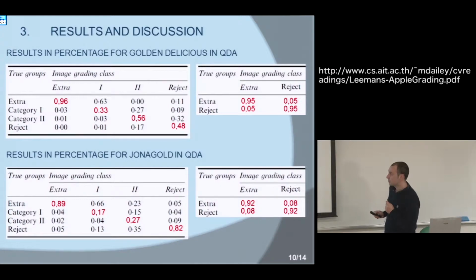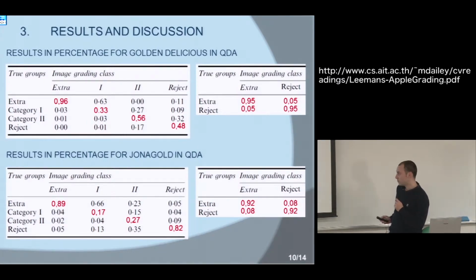This number means the percentage. So we have 96% of extra apples correctly graded. But we don't have so good results for the other classes. But if we consider only 2 classes, we have 95% of correctly graded apples.